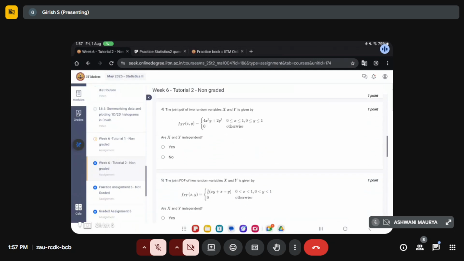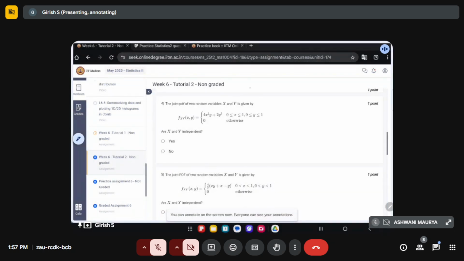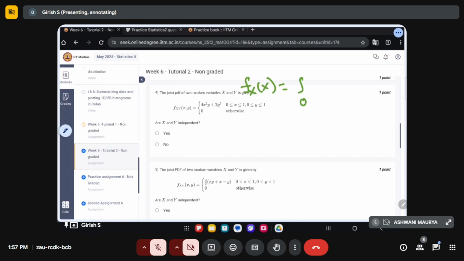Now, for this question, are x and y independent or not? For these types of questions, you have to calculate the marginal of x first, and the marginal of y, and then you have to multiply and check. If you are going to calculate the marginal of x, you have to integrate it through y, so it will be from 0 to 1, for x square y plus 2 y power 5.